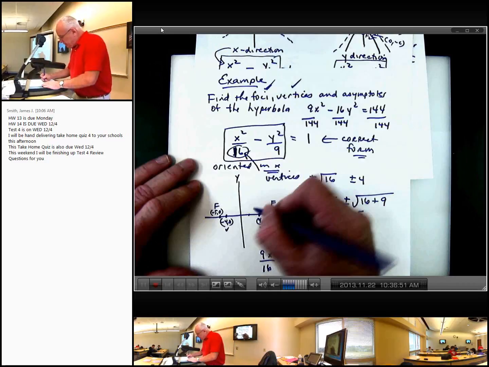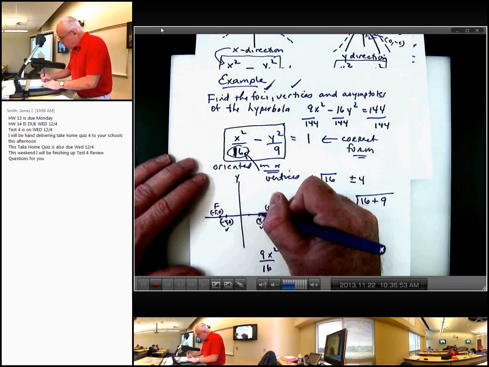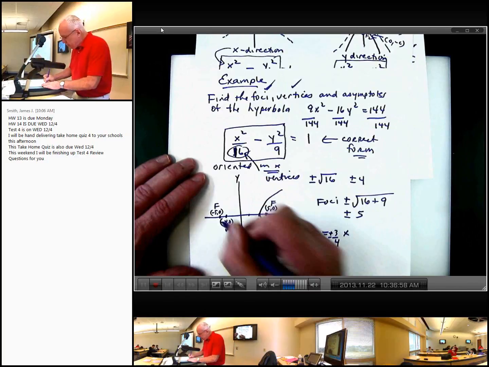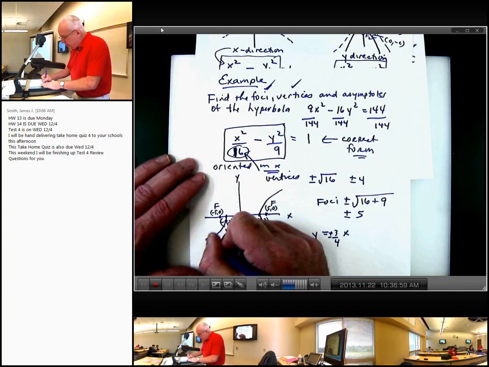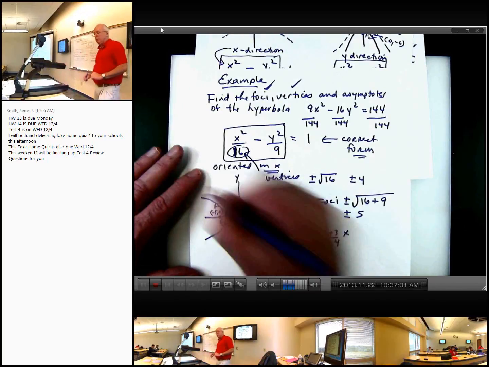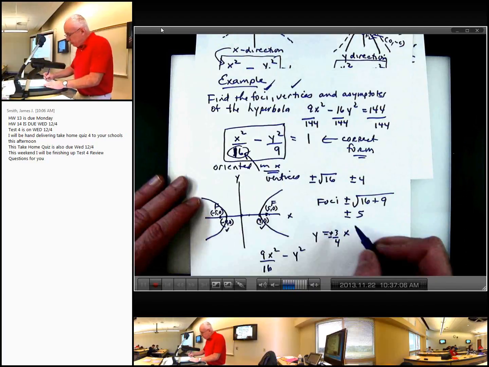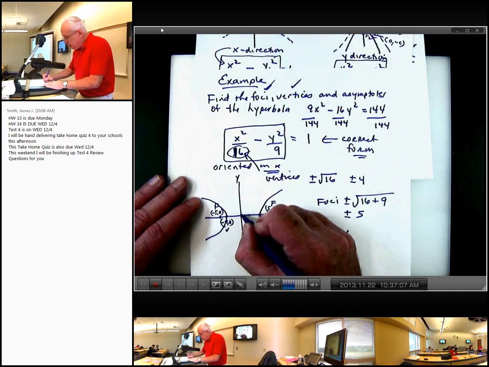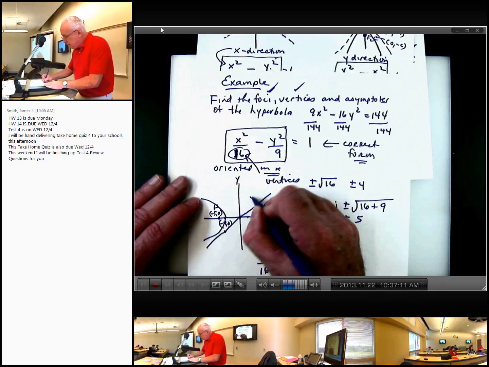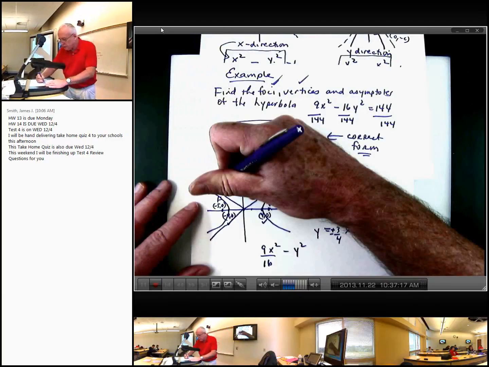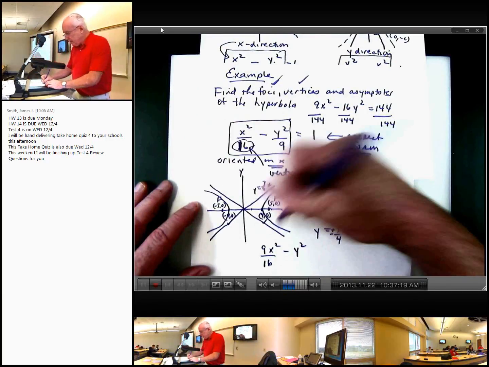So basically, here one part of the hyperbola is going to go like this, with the foci inside. The other part's going to go like that. And our asymptotes are going to go through the center, where this is y equals 3/4 x for that direction, and then in this direction, y equals negative 3/4 x.